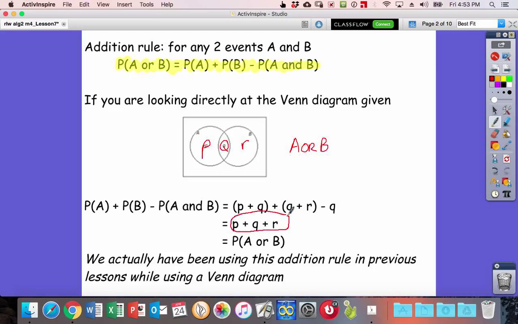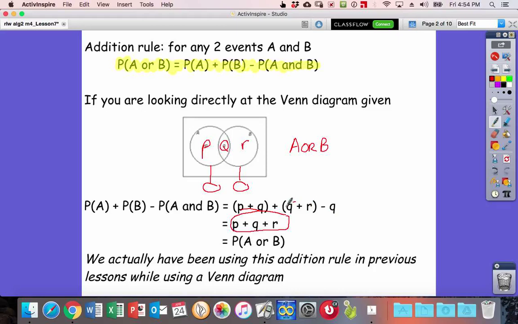Well, I want to show you how they really got to this formula. If you take the probability of A, the probability of A is actually this whole thing, which is P plus Q. And then the probability of B, remember we put it down here, would be Q plus R. And then we would subtract off the intersection Q. Well, you've got Q minus Q here.